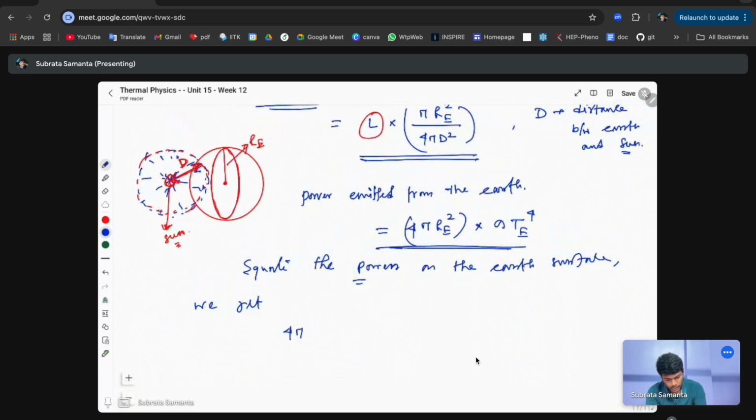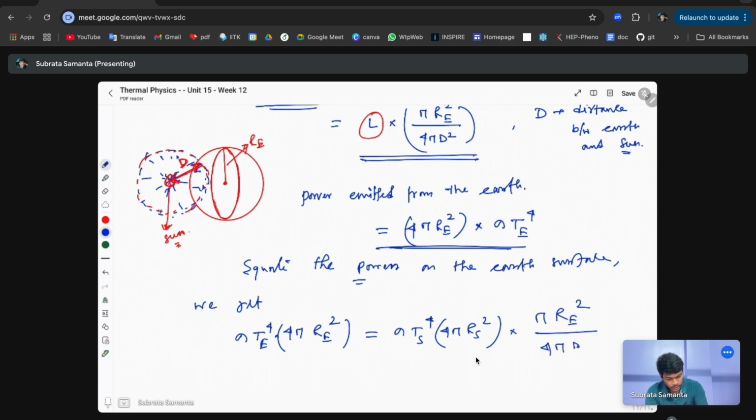4 pi r square sigma times Te to the power 4 times this, is equal to sigma Ts to the power 4 pi r square times pi re square over 4 pi d square.